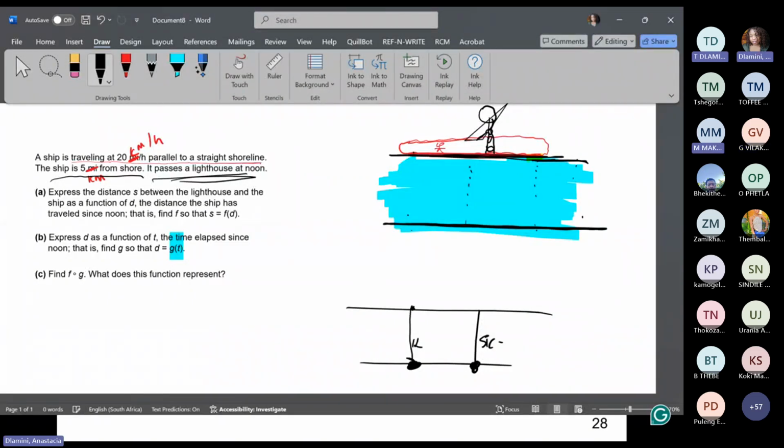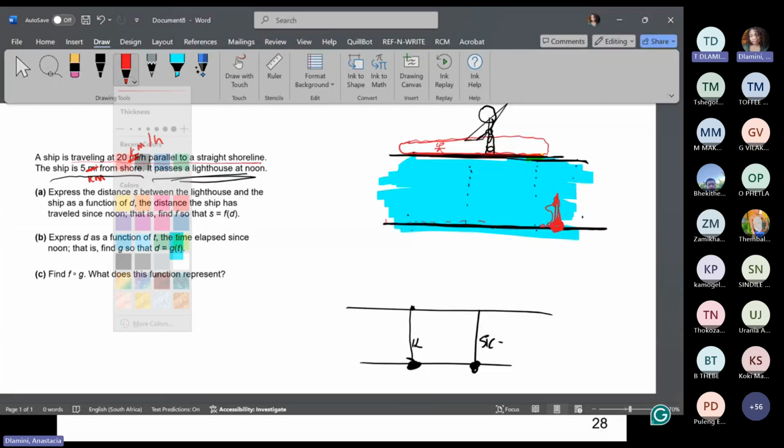Let's say our ship is moving like this and it passes the lighthouse. Let's assume the ship now is here. Here's our ship. They say it passes the lighthouse at noon.